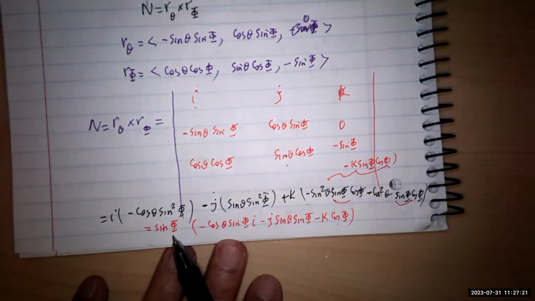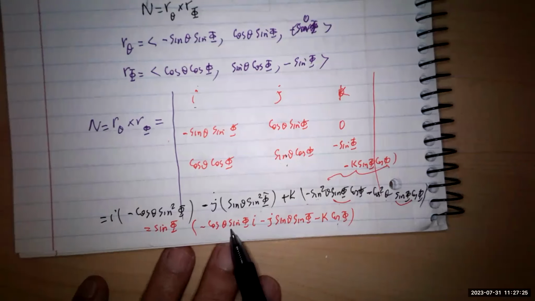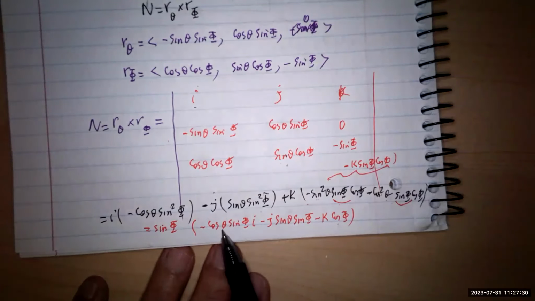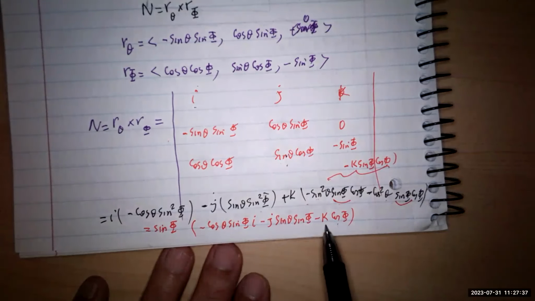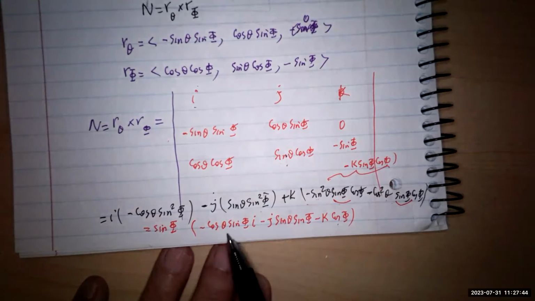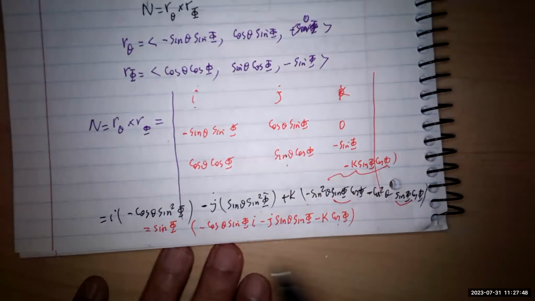So look at this one that you got over here. You have cosine theta sine phi, sine theta sine phi, and k cosine of phi. If you put them together, really what you have is again just R of theta and phi. So simply make it a conclusion that you can use anytime you like.